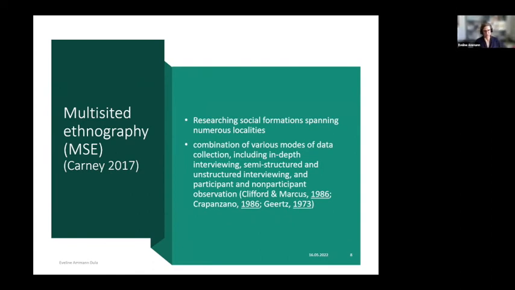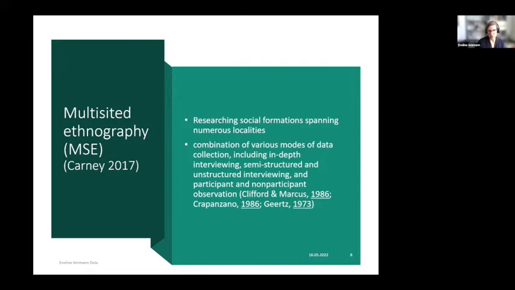So multi-sited ethnography is nothing very new. It was from Marcus in 1986, and Clifford. It was a research method spanning numerous localities. Marcus was thinking that traditional ethnography, being a long time in one place, is just not very adapted to study phenomena in a globalized world.